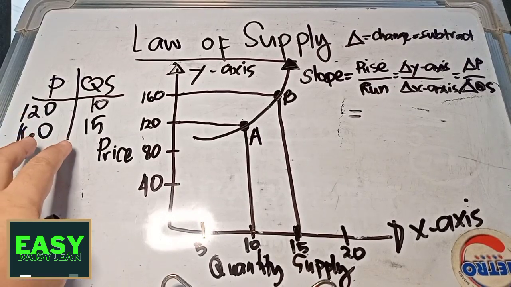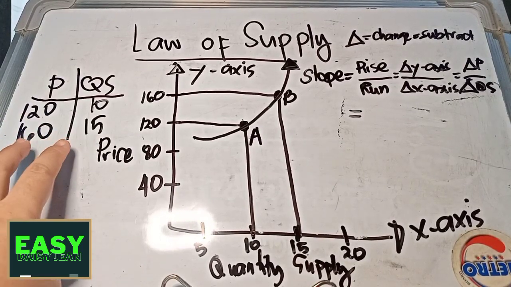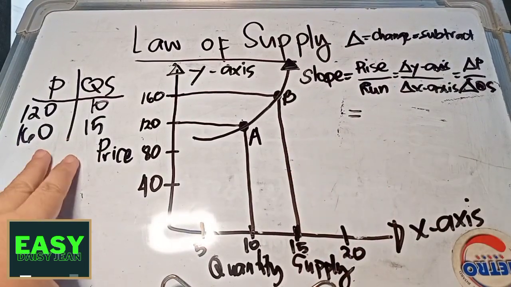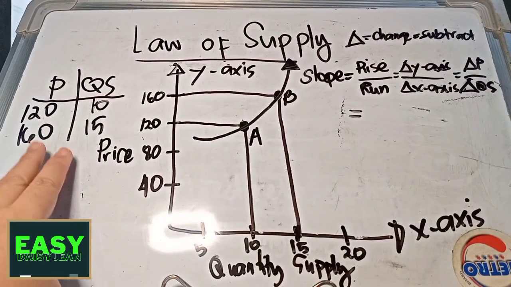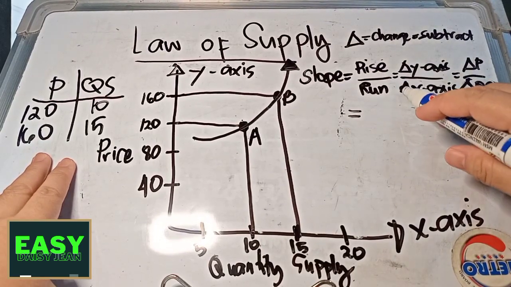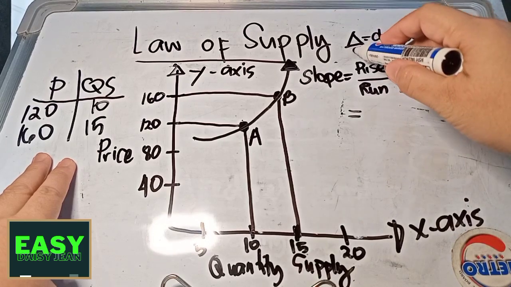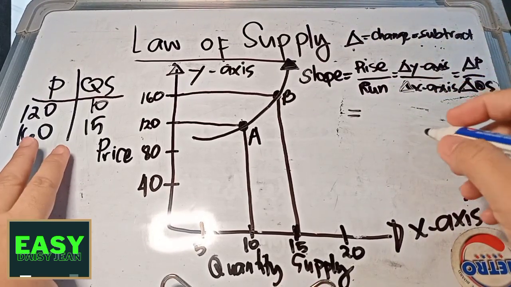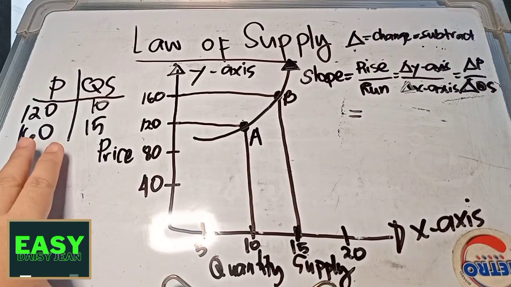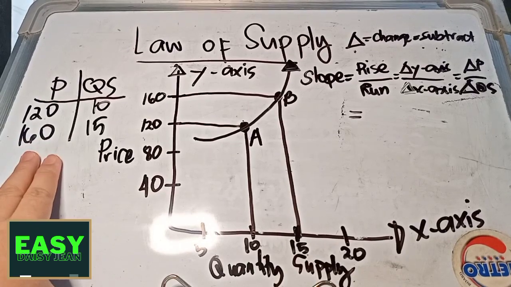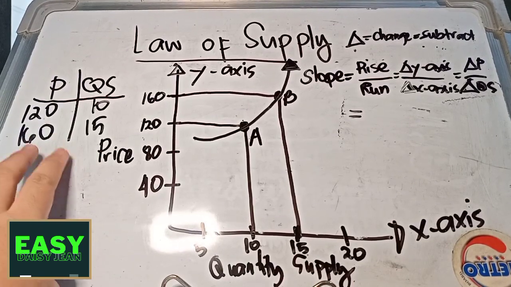So when you are to solve your slope, you are to look at your given. Do not look at your graph. So dito ka titingin. Okay, you look at here. So when you are writing, this icon means change. It means that you are to subtract. So, we will start identifying numbers or writing numbers on your formula in the given below.